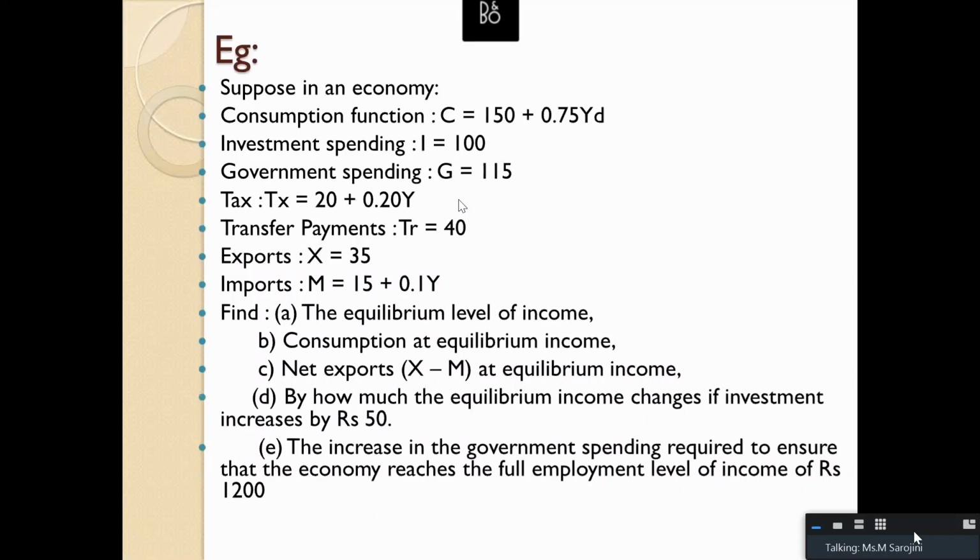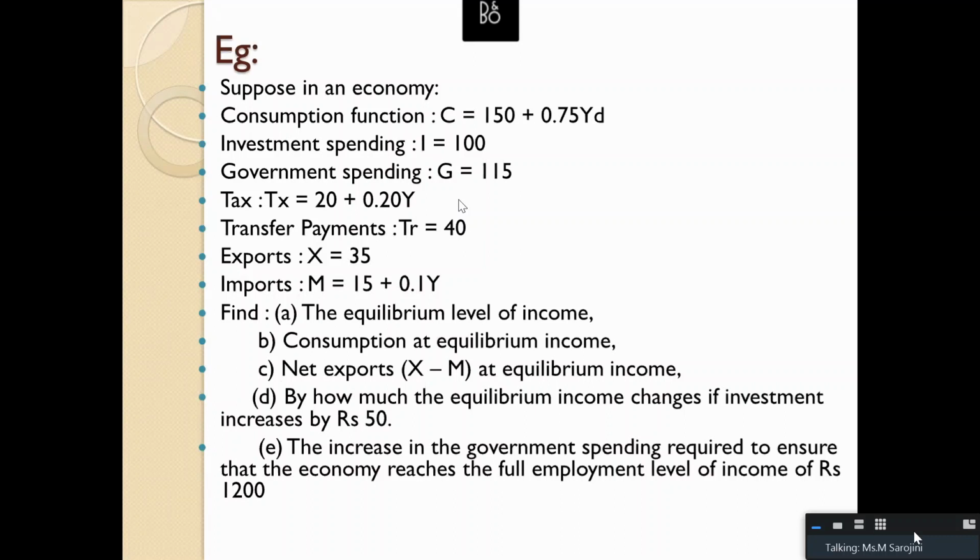Once the investment changes by 50, how much will the equilibrium income change? And for the increase in government spending, we have to ensure that the government reaches the full employment level of income, of 1,200.